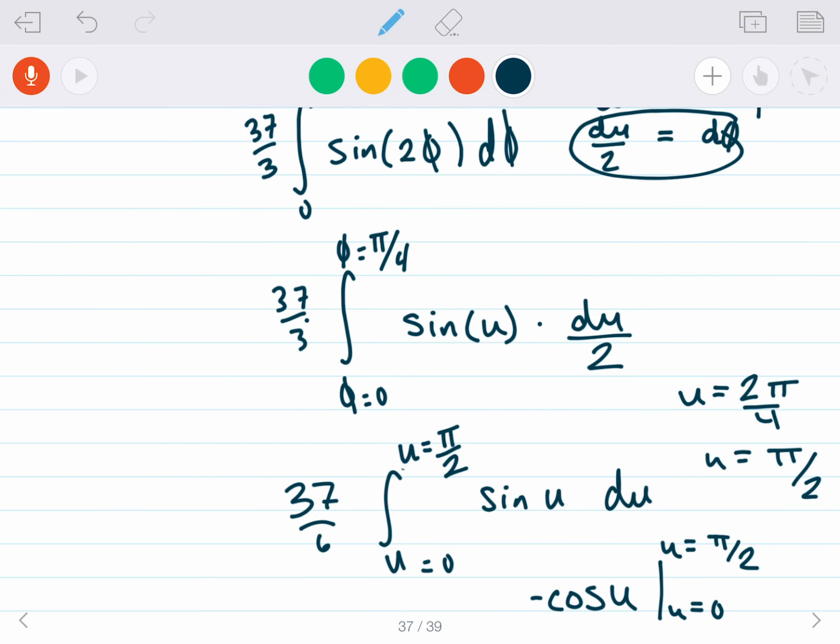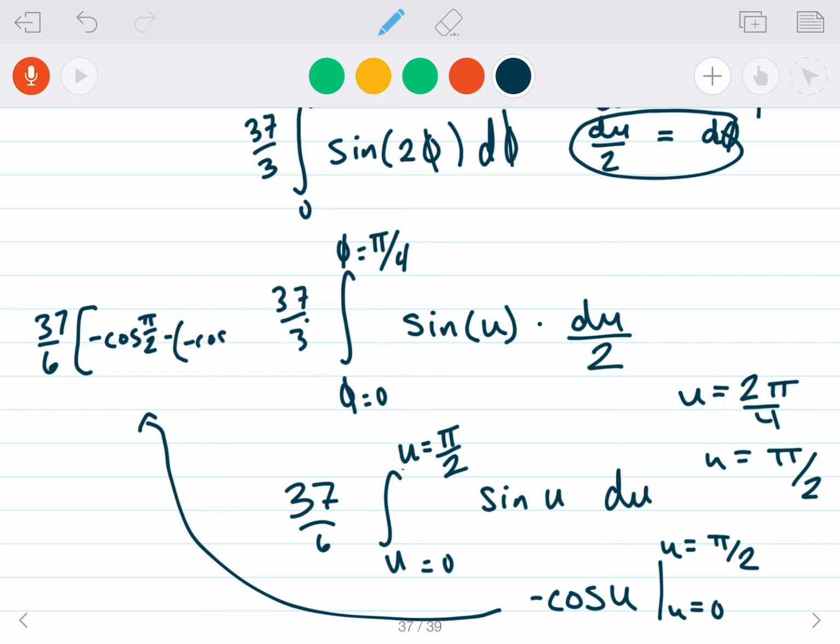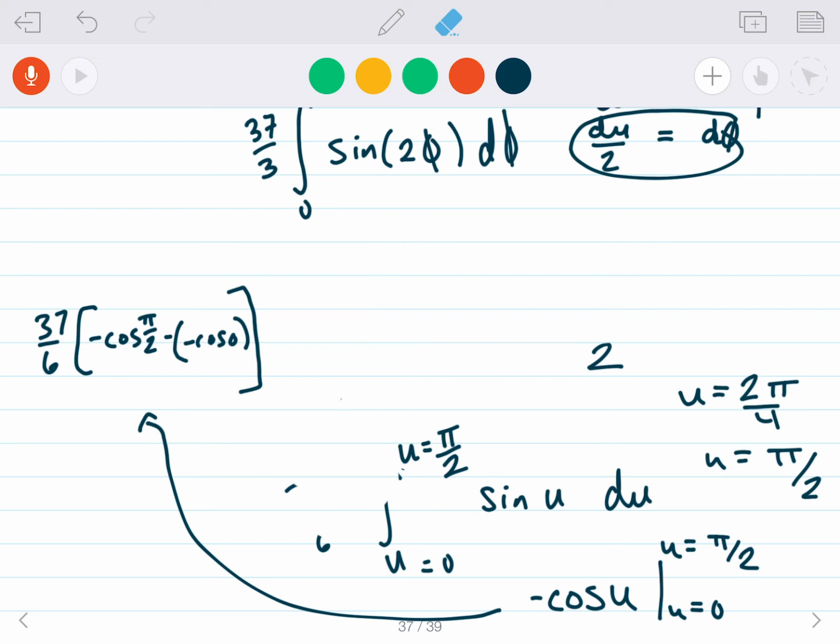And so I'm going to plug in my bounds up here. I still have the 37 over 6 on the outside. And then I have negative cosine pi over 2 minus negative cosine of 0. I'm going to erase some of this stuff so I have more room.